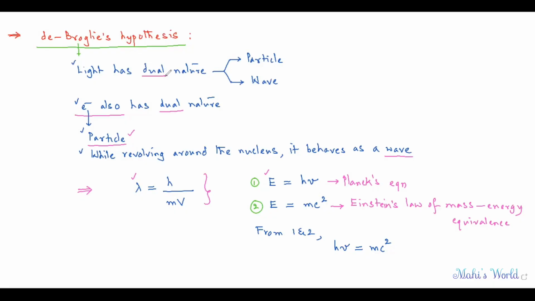Now, let me write this as hc by lambda is equal to mc square, because we know that nu is equal to c by lambda. Let me just cancel out the similar terms. c gets cancelled.